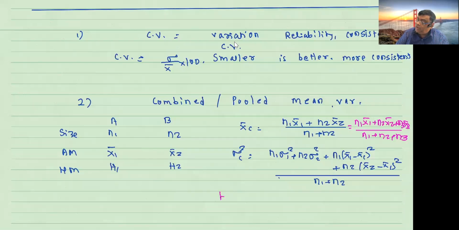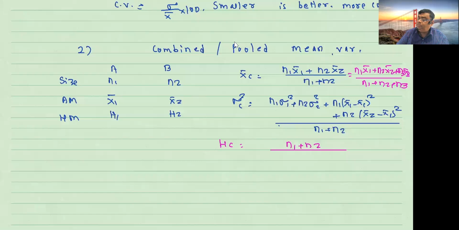And combined harmonic mean is equal to N1 plus N2 divided by N1 upon H1 plus N2 over H2, or maybe for N3 over H3.